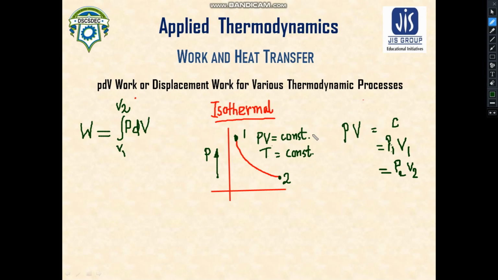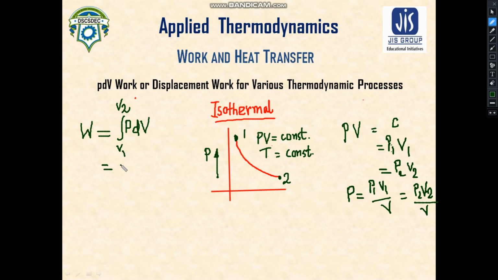Similarly, P1 V1 will be constant, P2 V2 will be constant, and from this equation we can write P is equal to P1 V1 by V, as well as P2 V2 by V. So let us just replace it here.